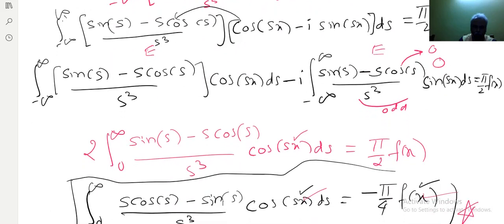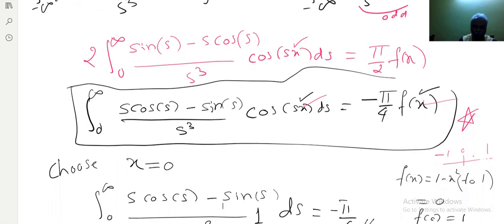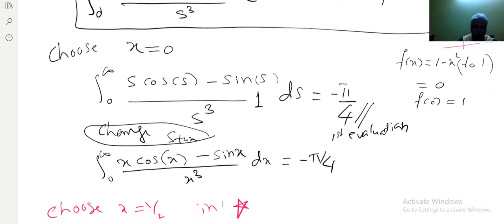So s cos s minus sin s it is, equal to minus pi by 4 into f of x.